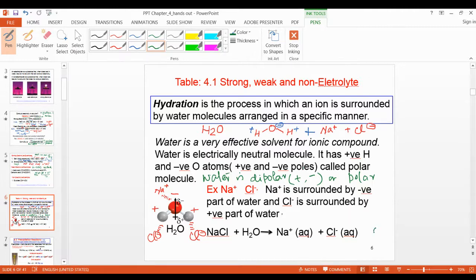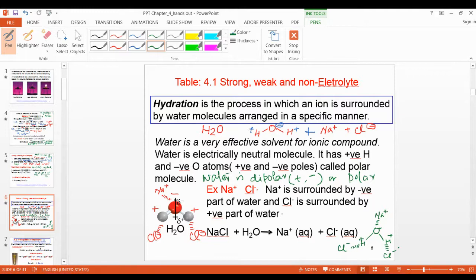All right, just like oxygen and hydrogen. So just like you will show here, this is negative, so the Na is positive, and now this is hydrogen plus, and this is minus, and show here Cl minus. So this is the way you have to show the model or diagram.